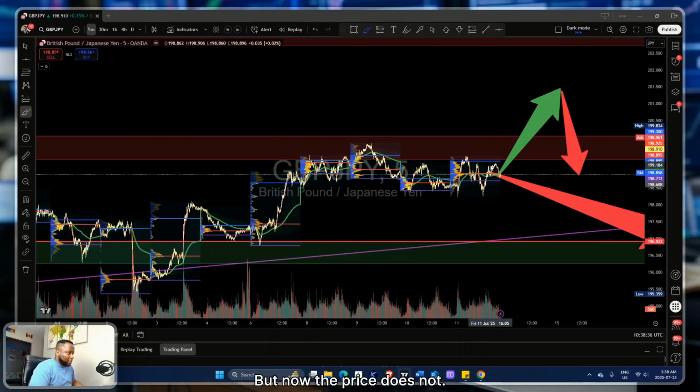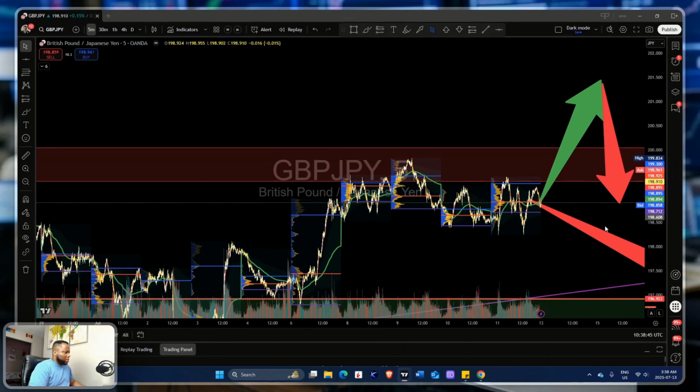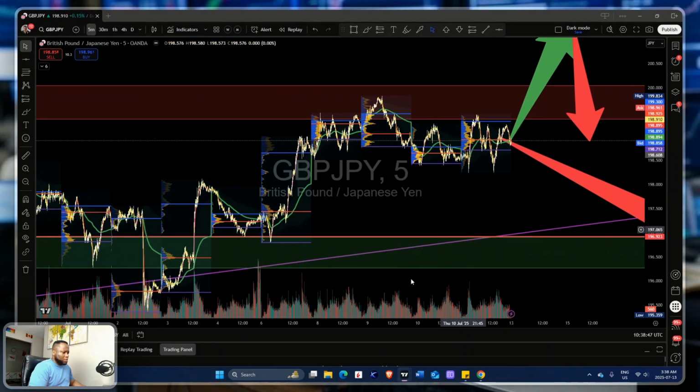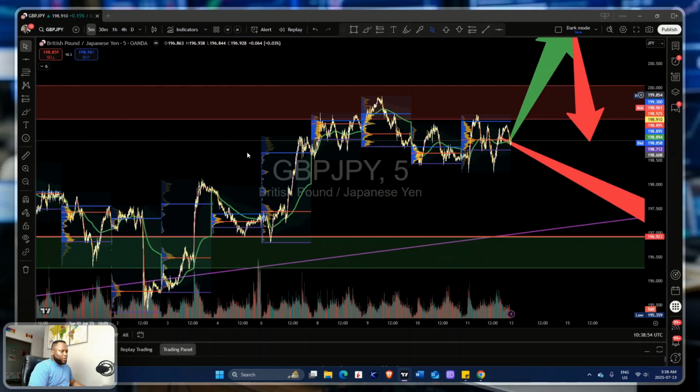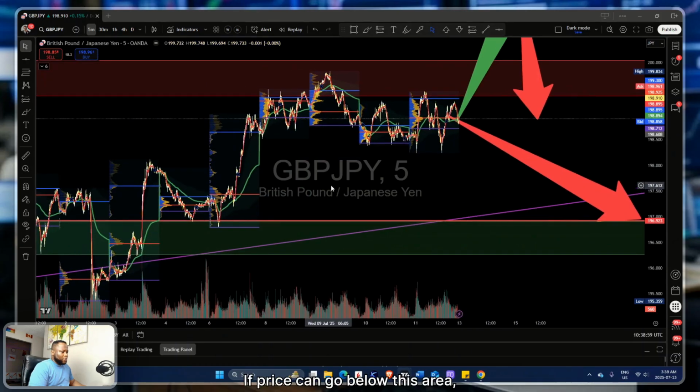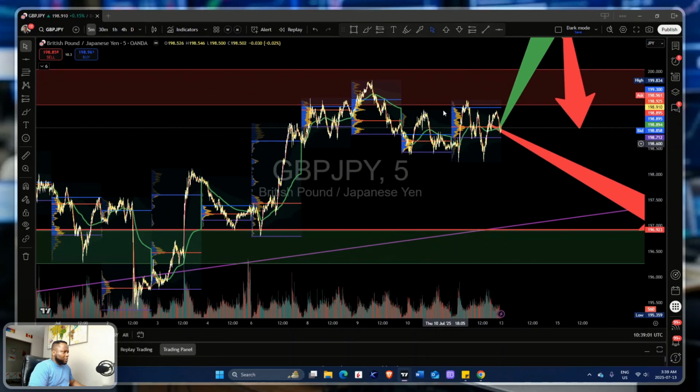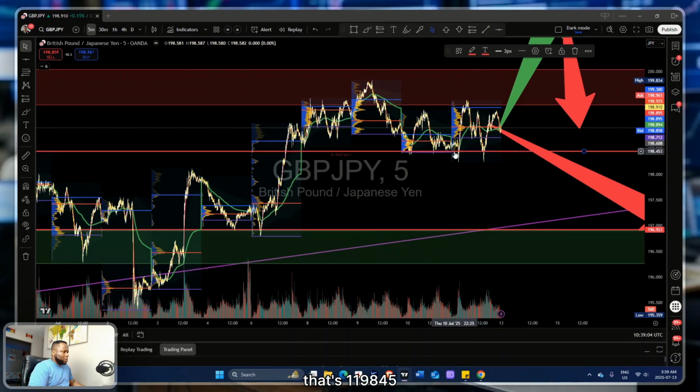But if that doesn't happen, I would like to say, if price can hold on there... If price can go below this area, that's 198.45, give or take, because this is a support area right here.